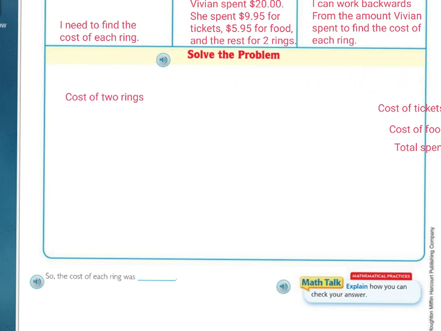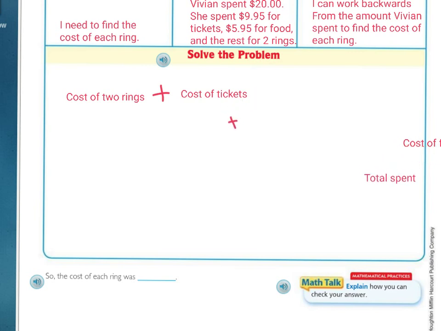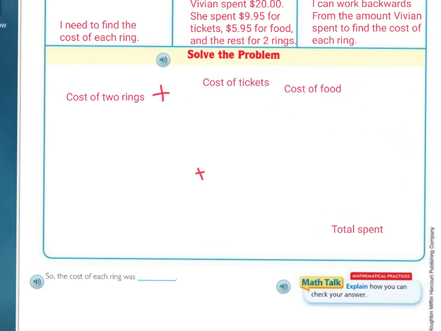Okay, so I have the cost of 2 rings plus the cost of the tickets, plus the cost of the food is going to equal the total spent.